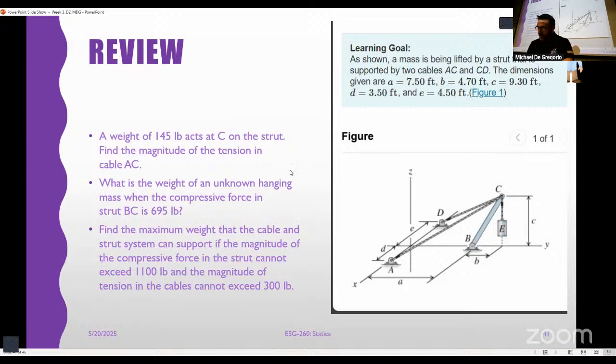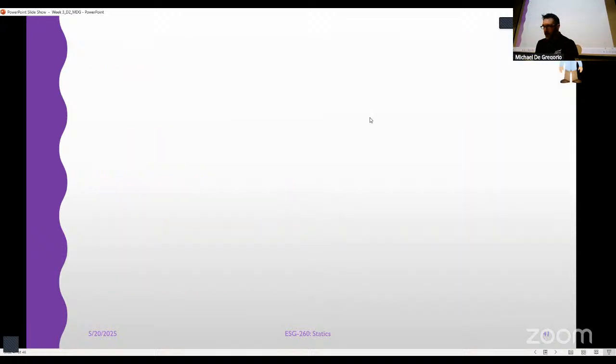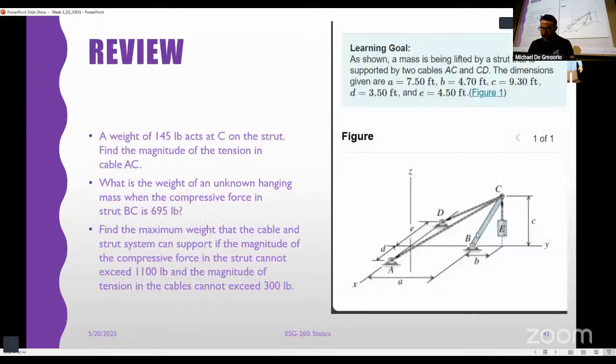But we're going to get started first with a free body diagram. So remember, part A is we're trying to find the force CB, or sorry, the magnitude of the tension in cable AC. We want to know the cable tension. Great. Let's do this. So we'll start with our FBD.